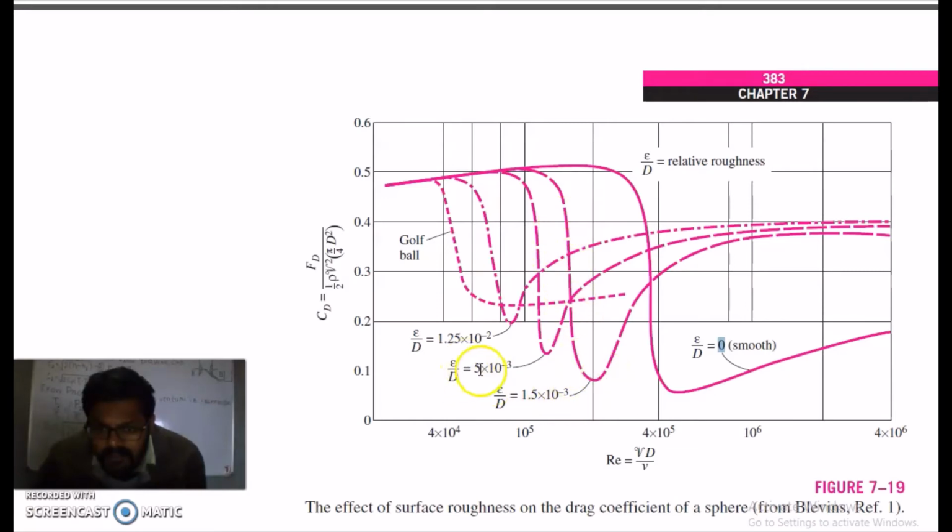Here e by D is equal to 5 × 10⁻³, so it means your surface is more rough, and this is the case of a golf ball, in which you can see there are rough areas on the surface, which are used to decrease the drag coefficient.